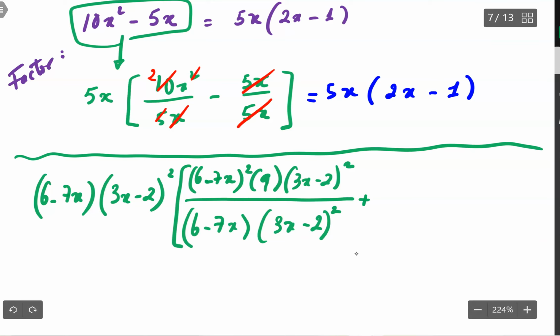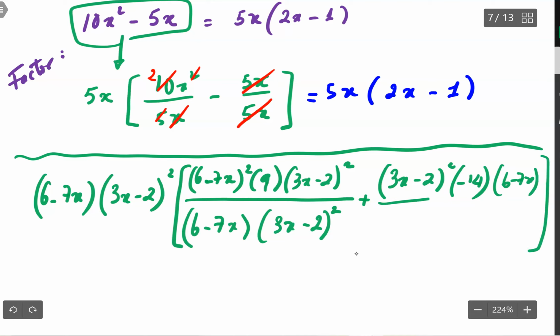So what is my next one? My next one is 3x minus 2, all of it squared, and then times negative 14, and then times that with the 6 minus 7x. Then I need to divide my common factor into each of these as well.